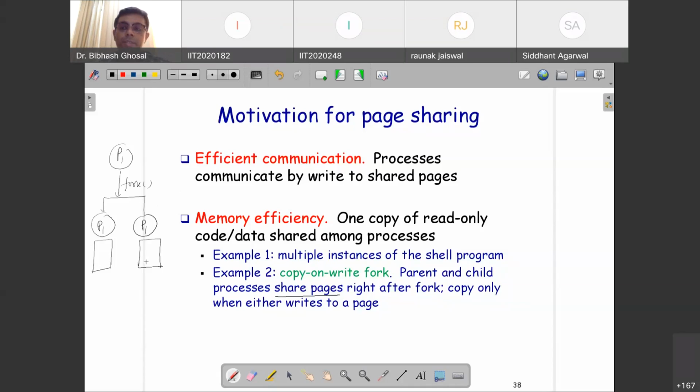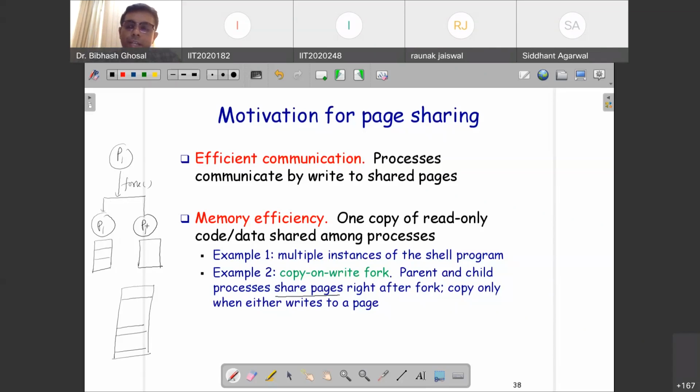When I say address space, I mean virtual address space. So the virtual address space is 2 copies, understood. But does it mean that I would like to have one more copy in the physical address space? If this virtual address space is divided into 3 pages, should I have one more copy of these 3 pages for the child of P1? Does it really make any sense? Do you understand what I'm saying?